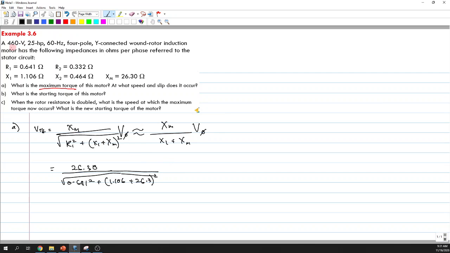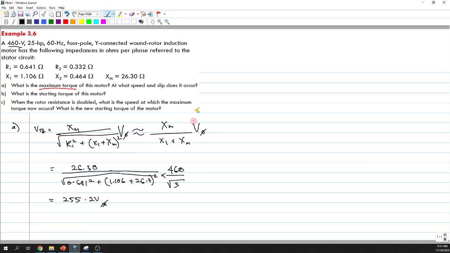This is a V line, so V phase is 460 over the square root of 3. From here we get the value of 255.2 volt. This is the Thevenin voltage.